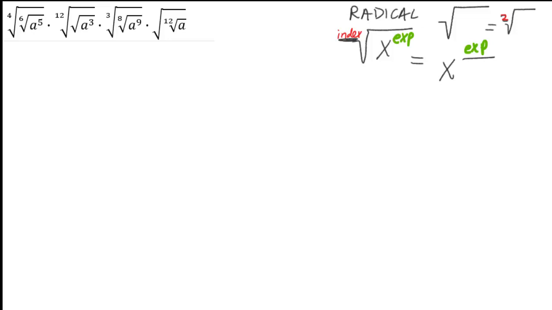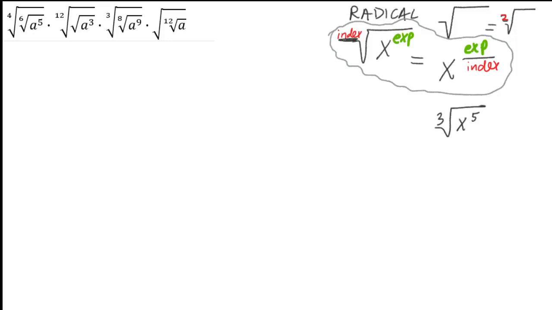It is a very powerful tool, because that allows you to take most complicated problems involving square roots or other roots and turn them into exponent problems, and then all you have to do is add or subtract exponents that are fractions. For example, if you had the cubic root of x to the 5th, you're allowed to write that as x to the power of 5/3. And then you deal with that as you would with any other exponents.